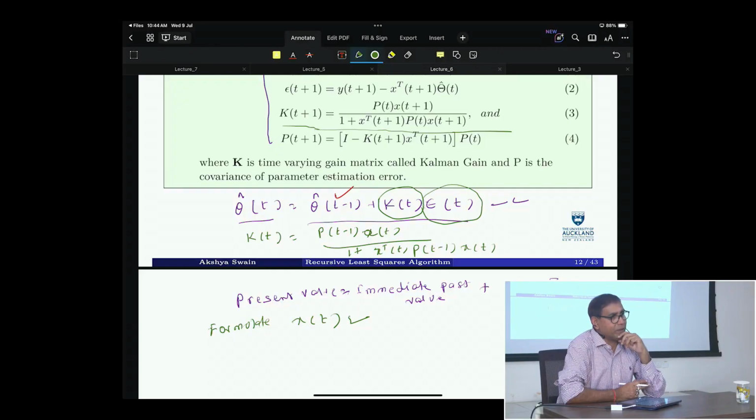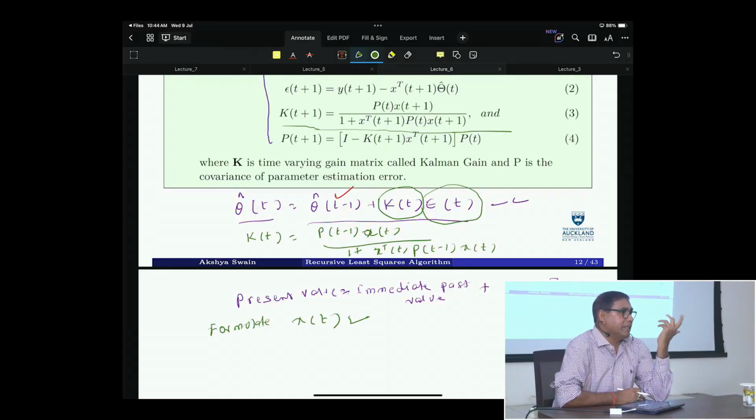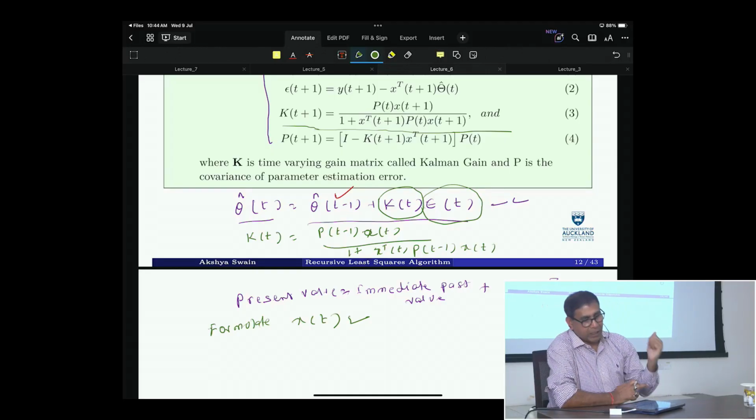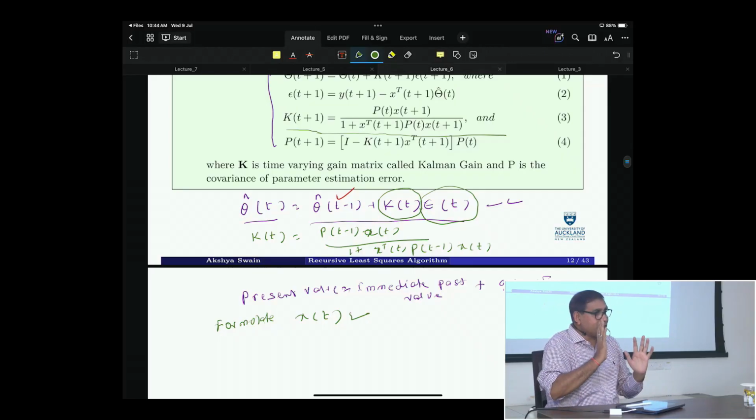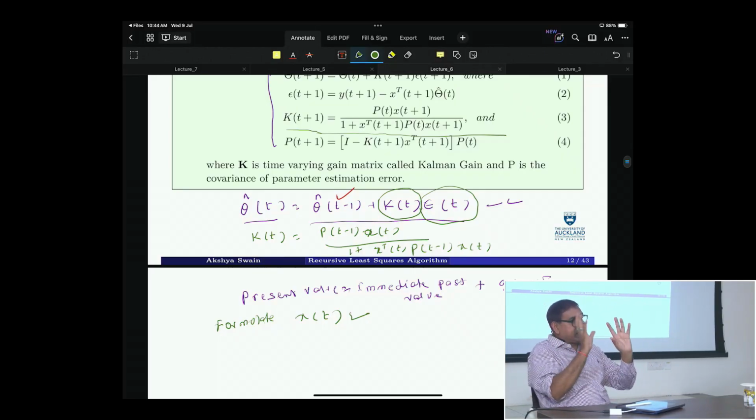What is pt minus 1? You don't know it, right? Okay. Now the recursive computation, there is another catch. I am just telling the catch points.